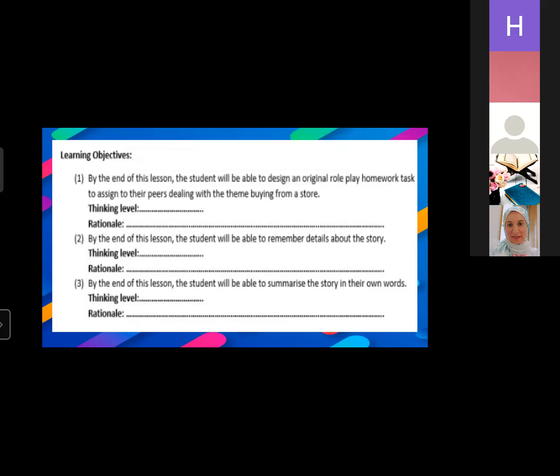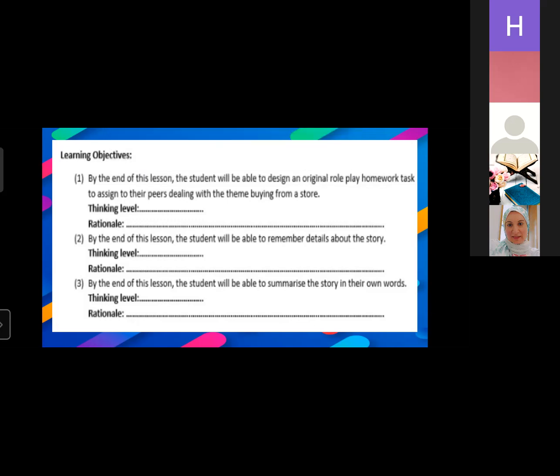Does any one of you have another opinion? No? Noha, I agree with both opinions. Could be apply or create both. Thank you. That's right, Noha.